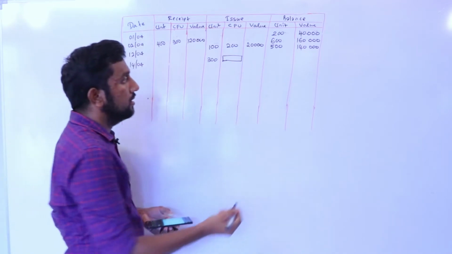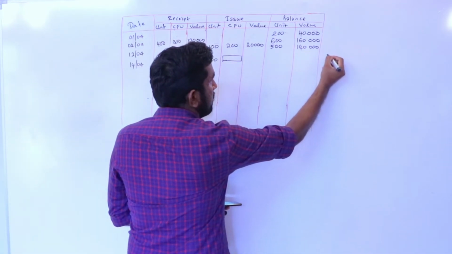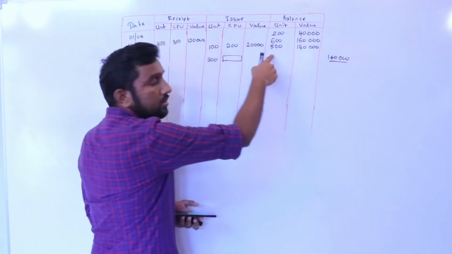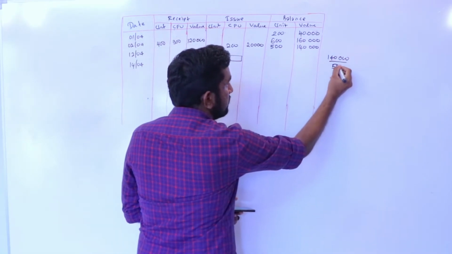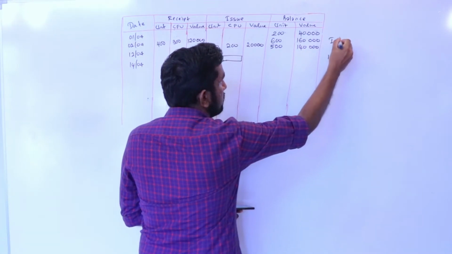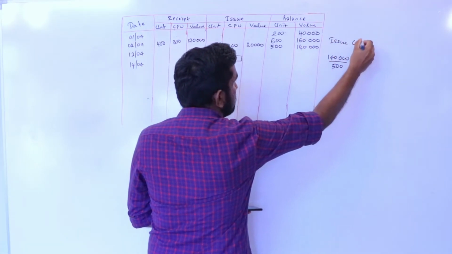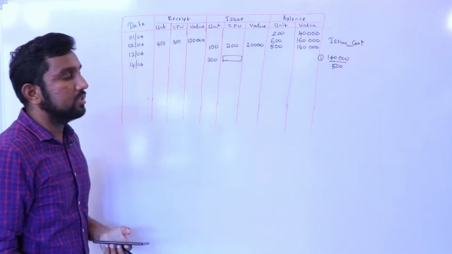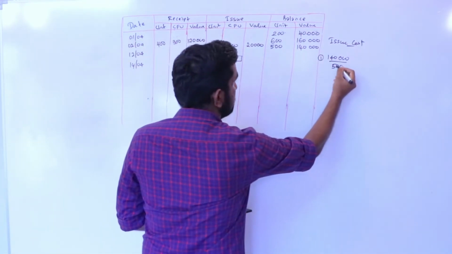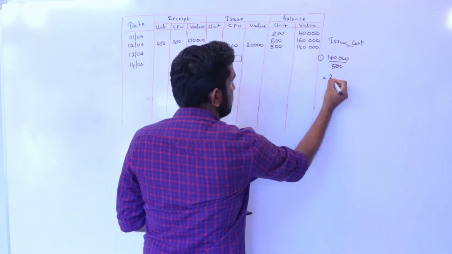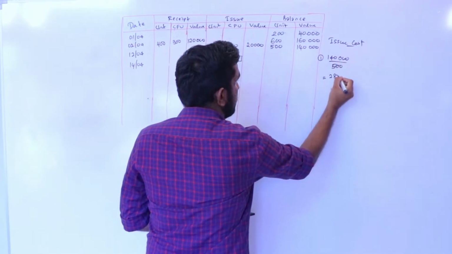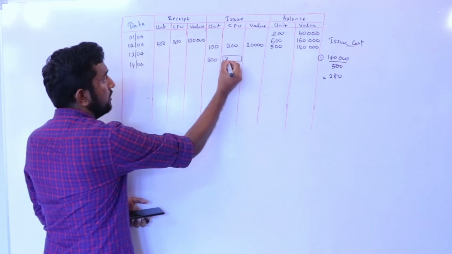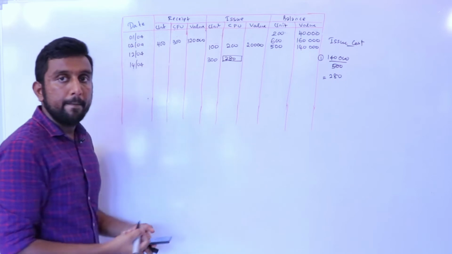How to find? 140,000 divided by 500, the issue cost. This is the first one. So 140,000 divided by 500: how much? 280. So 280 is the issue cost.